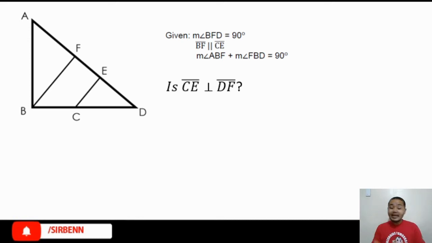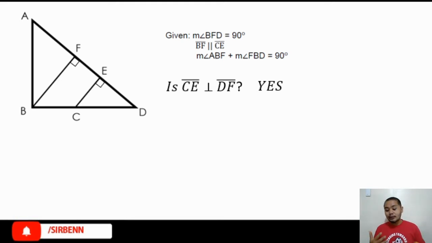Being that said, pwede nating sabihin na ito ay right angle. Ang sinasabi niya dito is if a line is perpendicular to one of the two parallel lines, therefore that line is also perpendicular to the other line. In that case, pwede nating sabihin na right angle ito, so therefore yung sagot natin dito ay yes. Okay? So yun siya. Right angle yon.